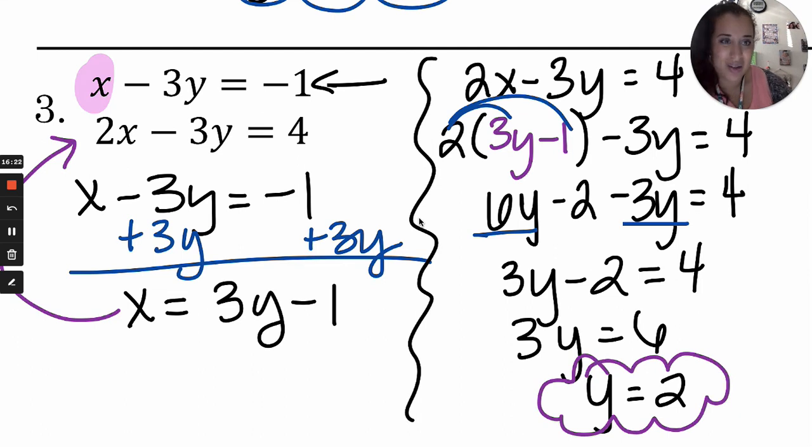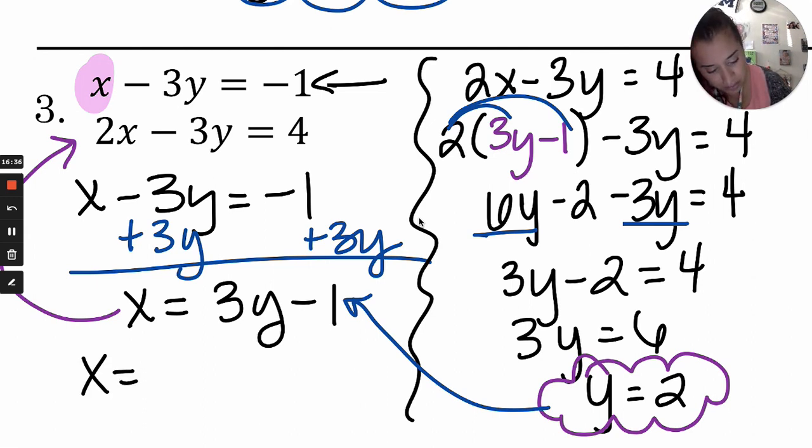Well, we got lucky because now we just have to plug it in there because I already know what x equals. Okay, so it's like this huge big circle, all right? So x equals 3 times 2 minus 1.